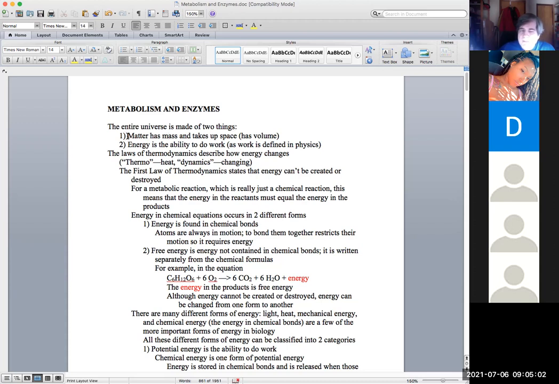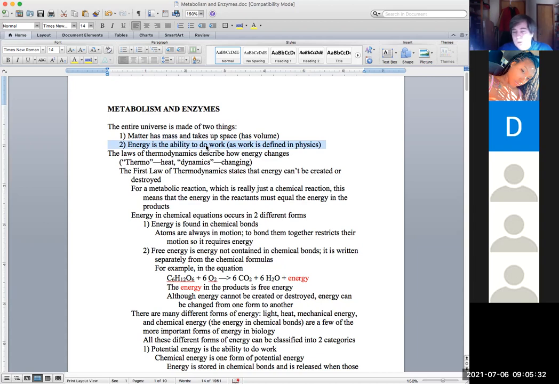So to think about metabolism, we want to keep in mind something we said when we talked about chemistry. Everything in the universe is made up of only two things: matter, which has mass and takes up space, or has volume if you want to be more technical, and energy. And energy is defined as the ability to do work. Now, work is defined the way it's defined in physics, so we won't worry about the technical definition.